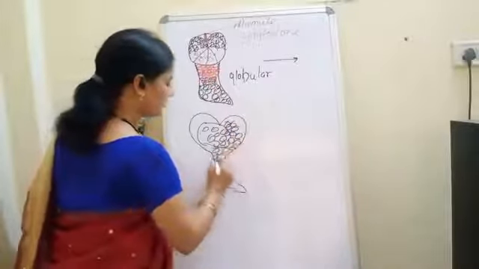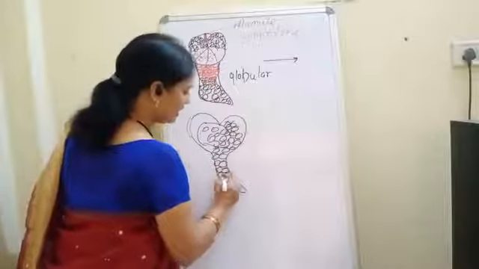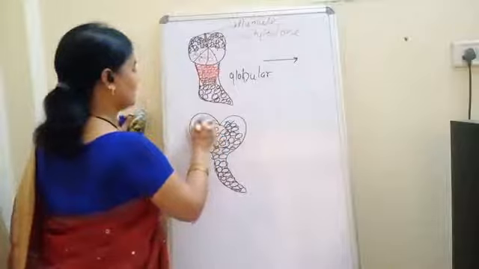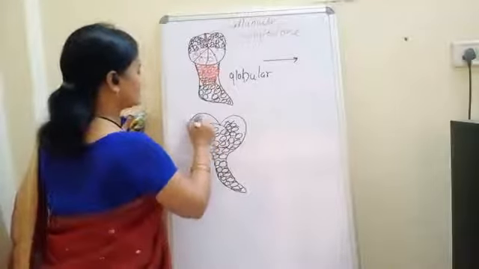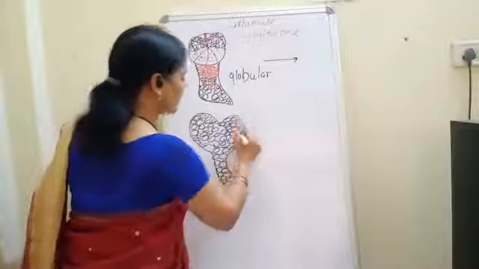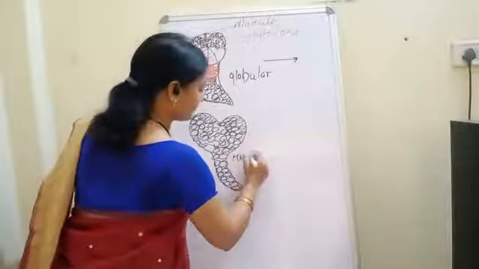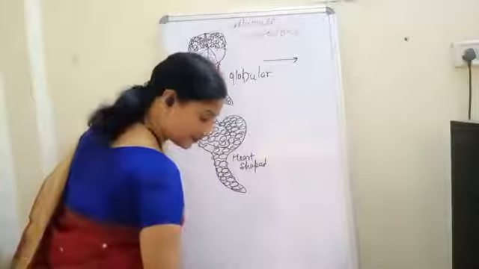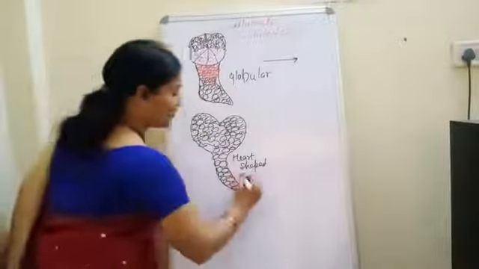Okay, this is again the mass with multiple divisions, and now this structure is called heart shaped. Okay, heart shaped embryo.